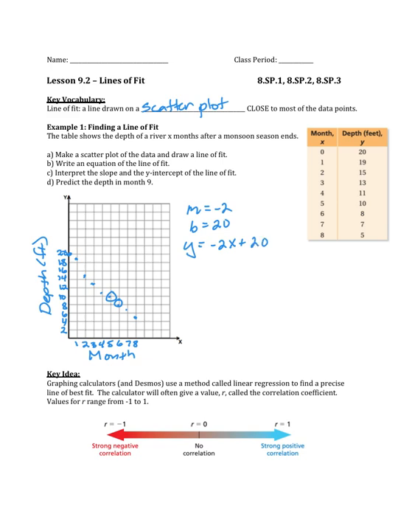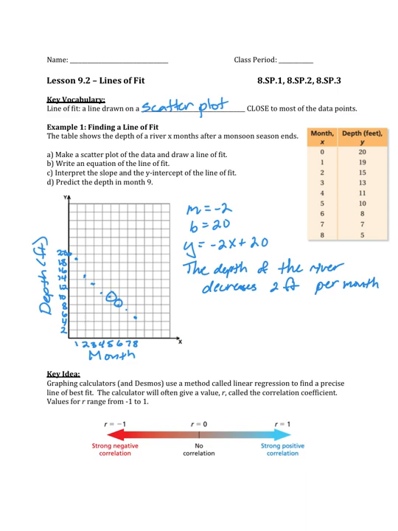All right, and then next we're asked to interpret the slope and the y-intercept. So the slope is -2, and that tells us that the depth of the river decreases 2 feet per month. So that's what that m equals -2 means.